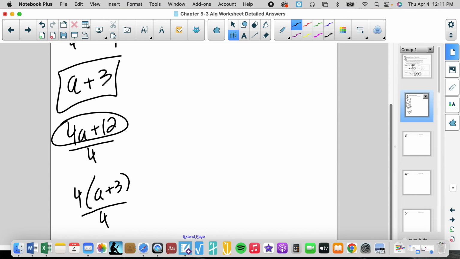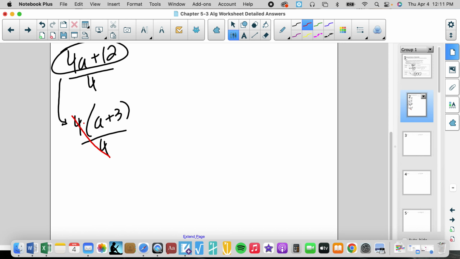I don't know if we've gone over factoring yet, but we can find a common factor and turn this addition into a product of 2 things. And then we again see that the 4 is multiplying, so we can cancel that, and we again are left with a plus 3.